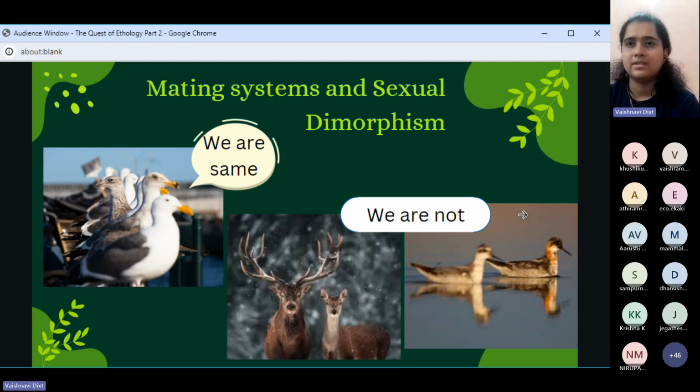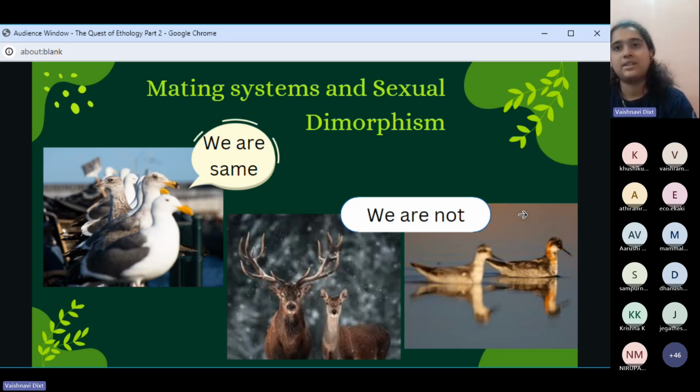In some species, one male mates with one female throughout their entire lifespan. In birds you might have observed. That is called monogamy. Those species are monogamous species.